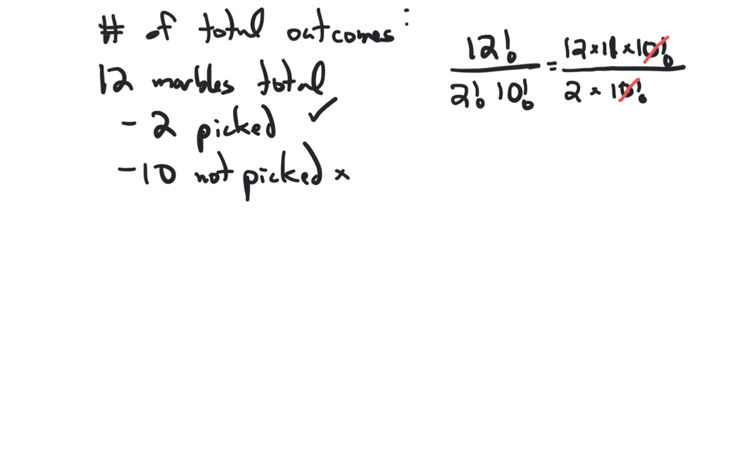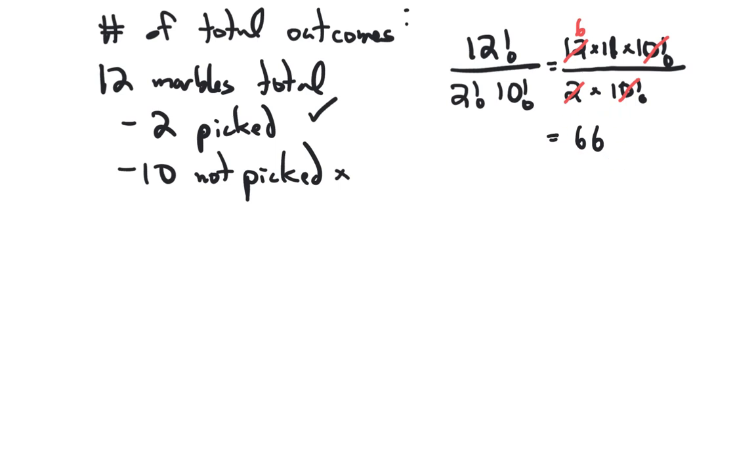And we can factor out a 2 from 12 to get 6. So our final answer is 6 times 11, which is 66. Now you don't need to do that by hand. You could do that using a calculator if you like as well. But we know there are 66 different outcomes to our experiment.